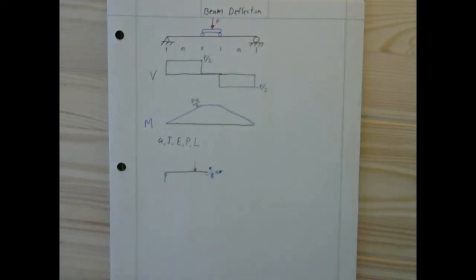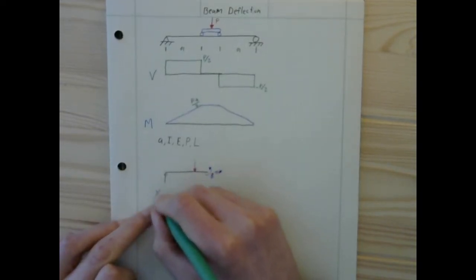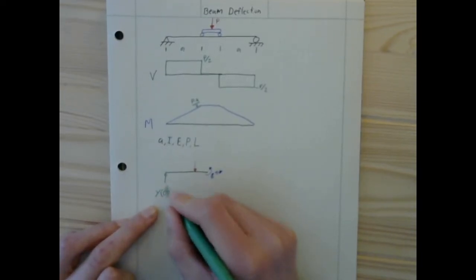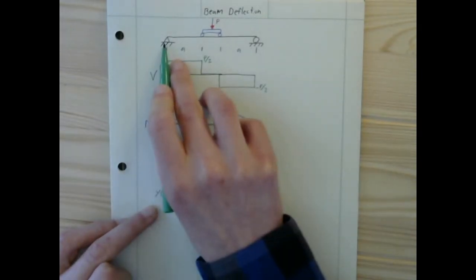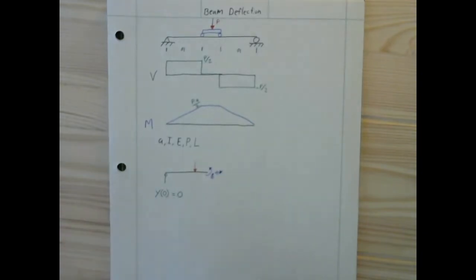We do know, so if we do this, we can use a boundary condition of symmetry. And what that means is that when we look at this, right away we can say that the deflection at point 0, at this point right here where there's a pin, has got to be 0, right? There's a pin, it's holding it up.